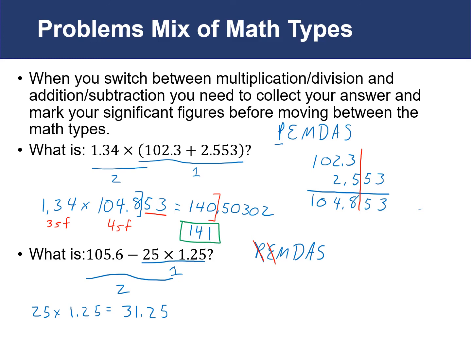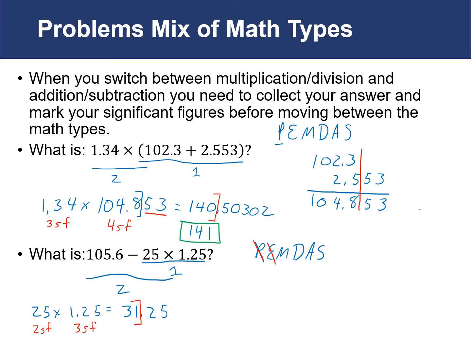So our first value has 2 sig figs, and our second value that we're multiplying together has 3 sig figs. So the result of that multiplication will have 2. It will have the same as the value that had the least number of significant figures, which was the 25. So this will only be significant to 2 significant figures, so between the 1 and the 2. So it will be significant to the 1's place.